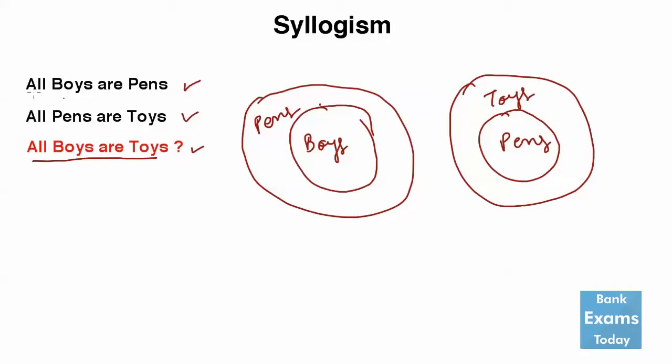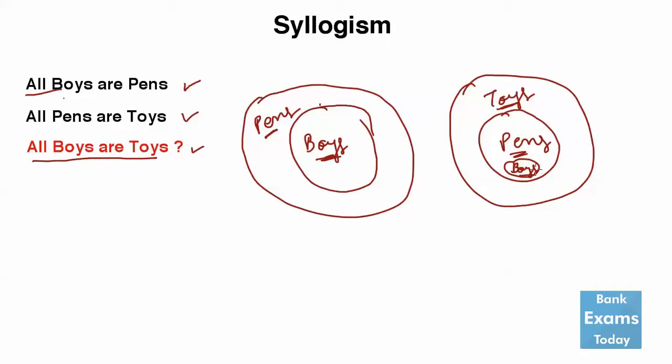So understand this. All the boys are pens. All the boys are part of the bigger circle, that is pens, and all the pens are part of the bigger circle, toys. So we can combine this. So boys is here, a smaller circle inside the pens. So it's like this.